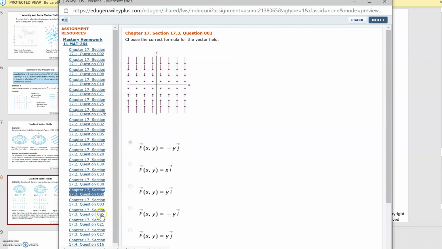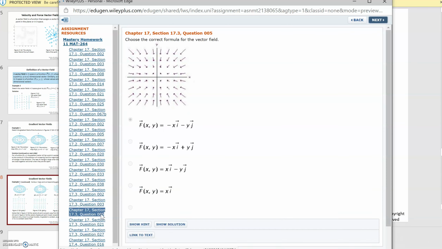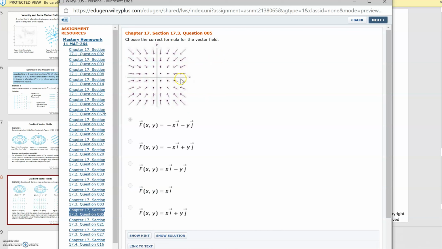Let's look at another one. Okay, so looking here again, since everything is kind of converging, right? This one should look very familiar to the one we were just looking at in the slides, that middle one here.